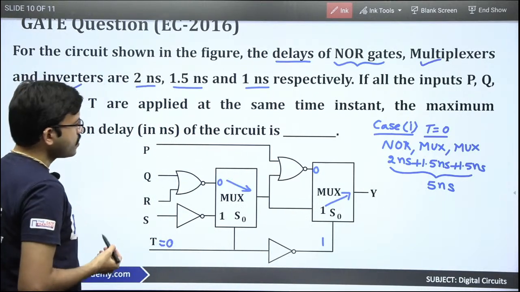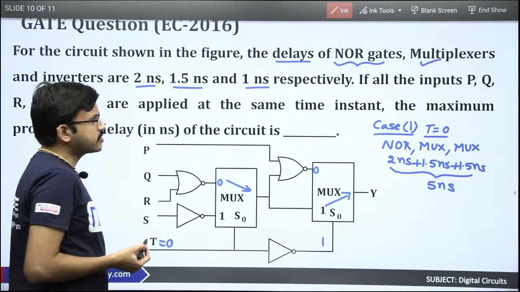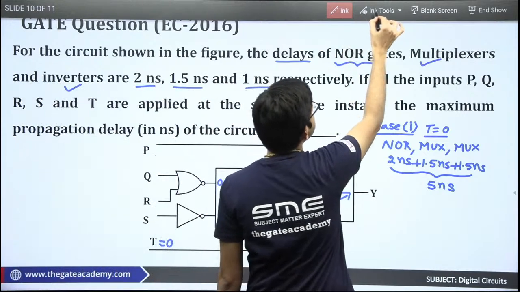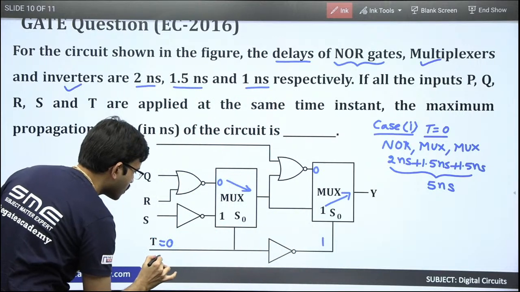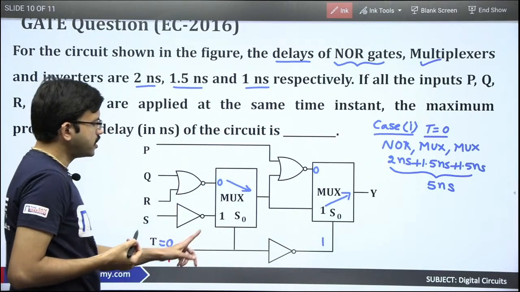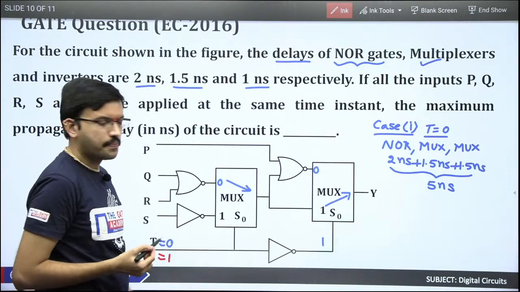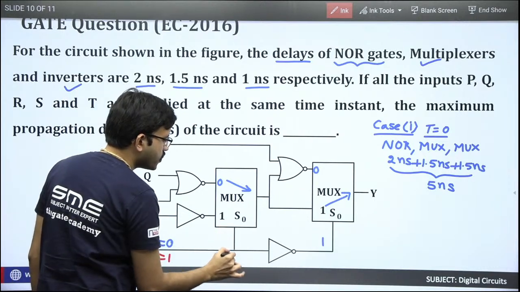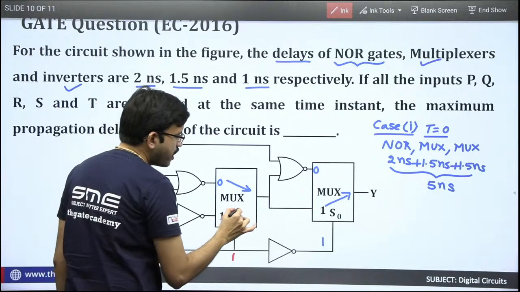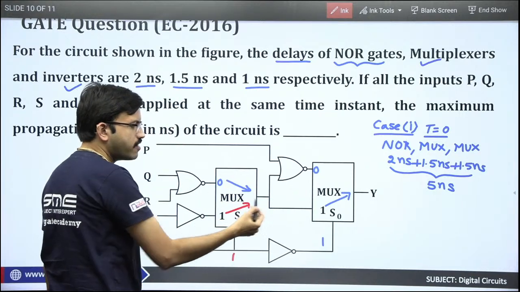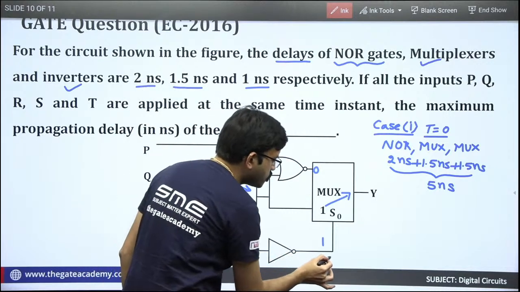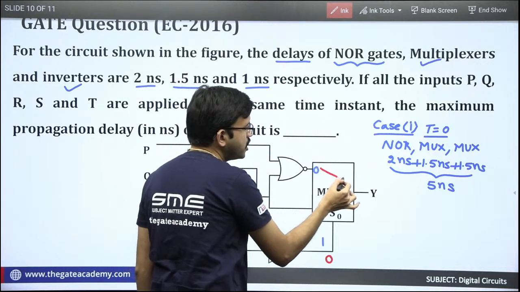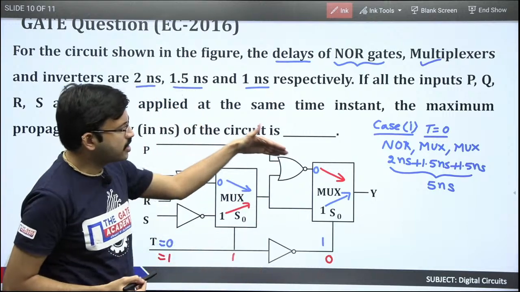Now let us consider another case, that is t equal to 1. Now I am considering selection line as 1. In this case the selection line is 1, so I1 will be converted to the output. But here you are having a NOT gate, and the complement of 1 is 0, so in this case I0 will be converted to the output.